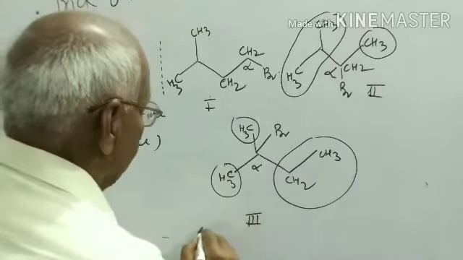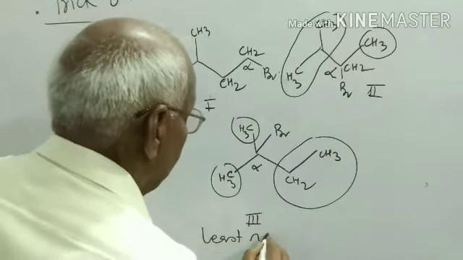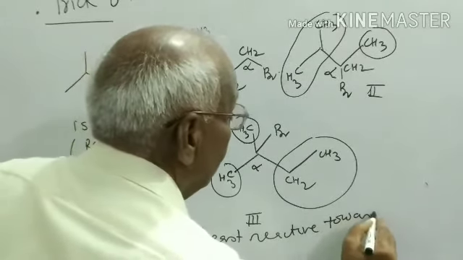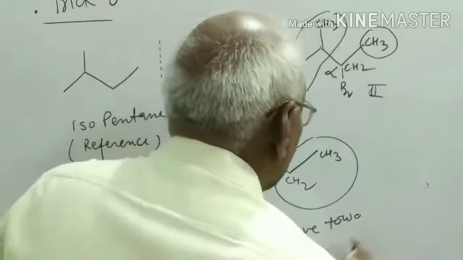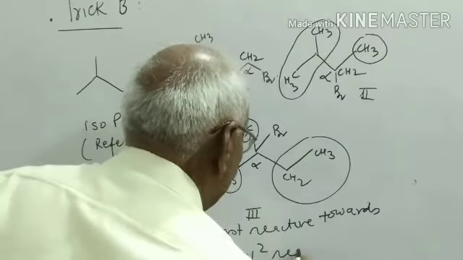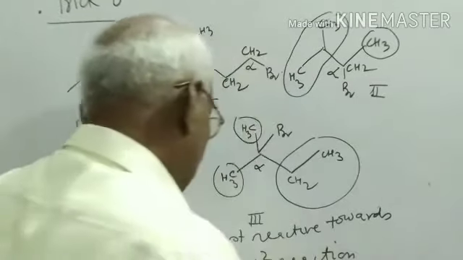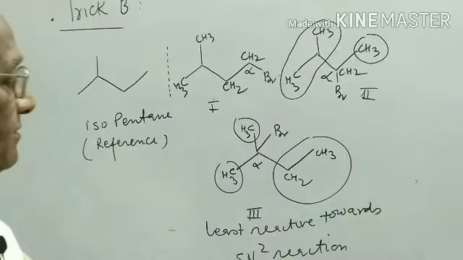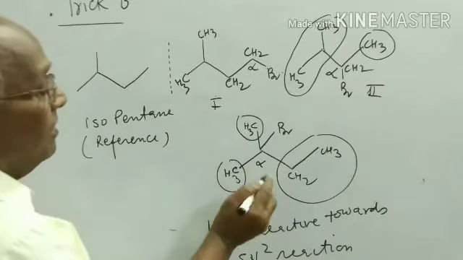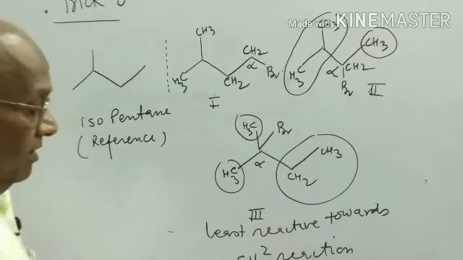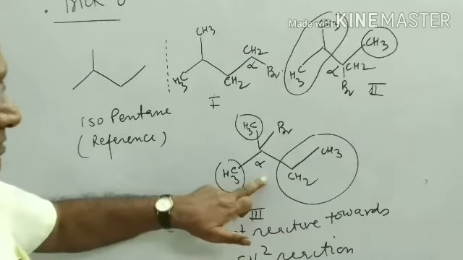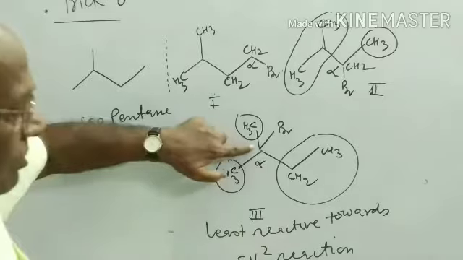So it is least reactive towards SN2 reaction. The cause of least reactivity is the maximum number of branches connected to the alpha carbon atom. The maximum number of branches creates hindrance for the nucleophile attacking this carbon atom.